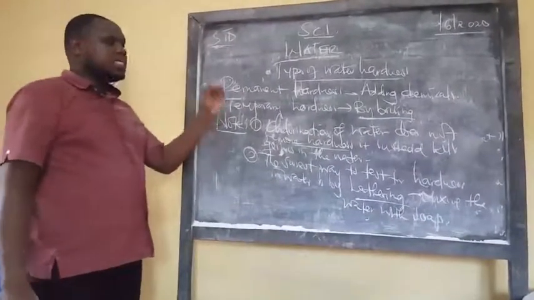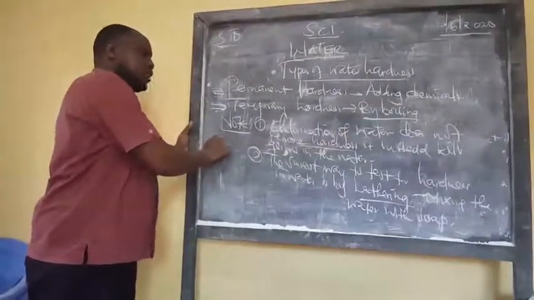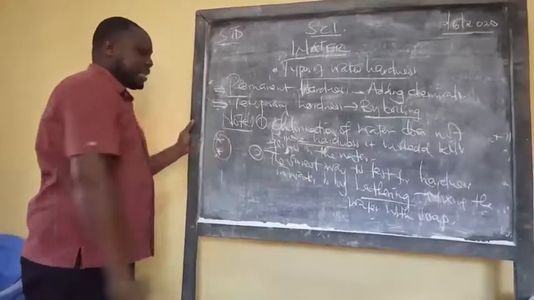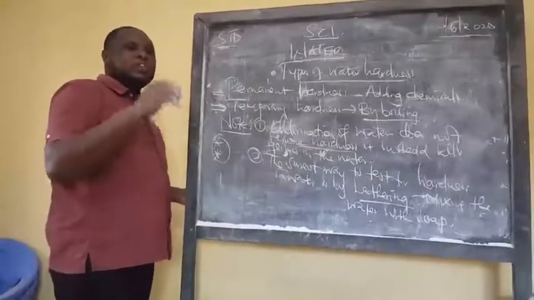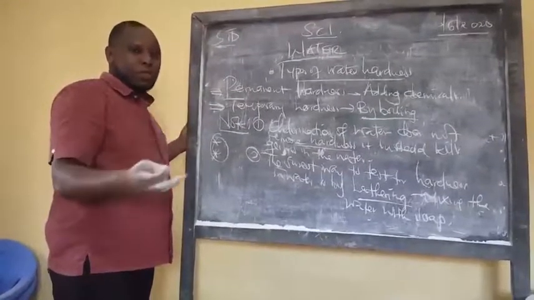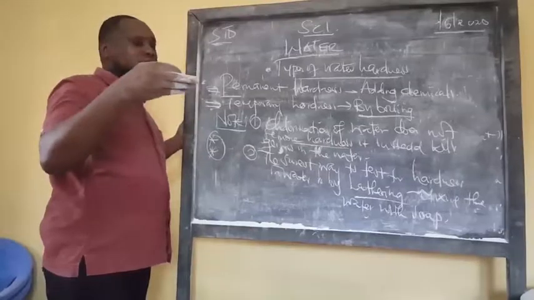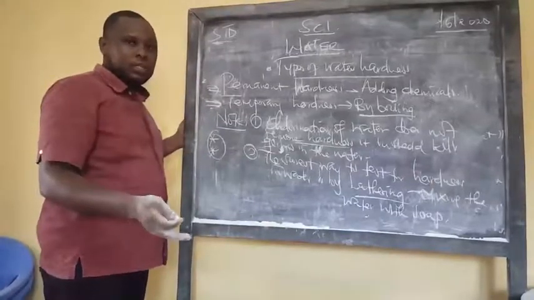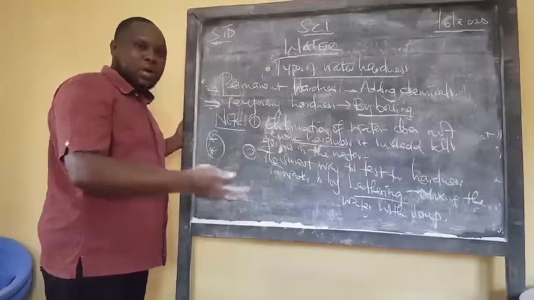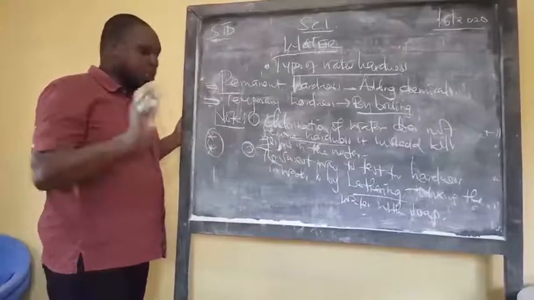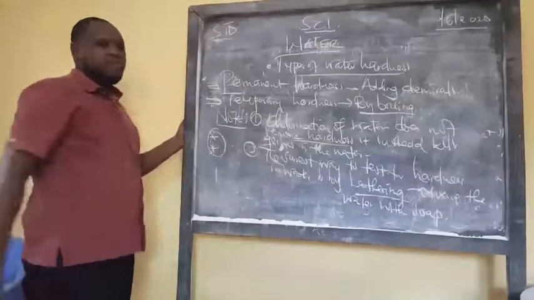The surest way to test for hardness, if you want to know whether water is soft or hard, you just add to it detergent, that is soap. So the amount of time it will take sample A of water to lather will determine whether sample A is hard or soft. So that's the surest way. That's the only way you can know whether water is hard or soft. So there's no other way of knowing that. These are very, very important points.